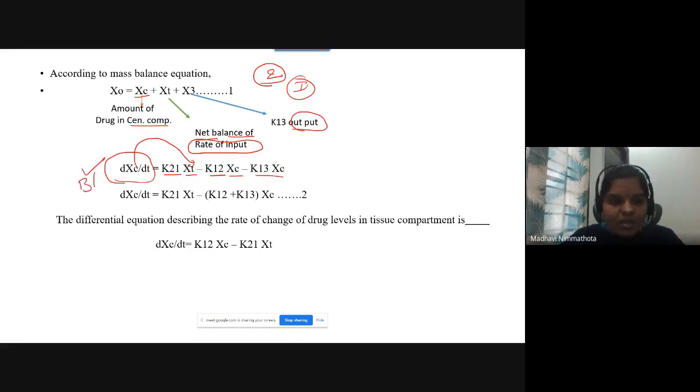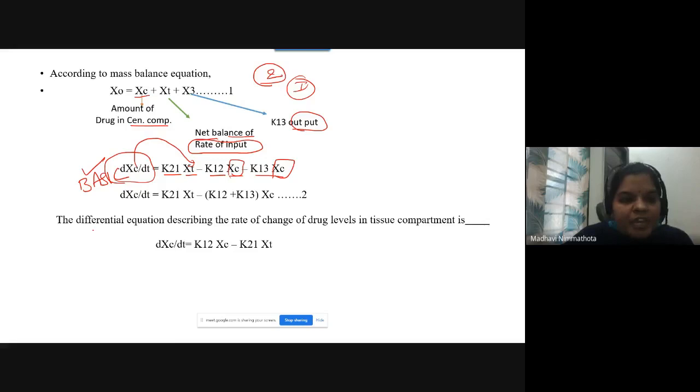Then you can calculate all the derivation part from this basic equation. dXC by dt is as it is. Then K21XT. Here XC is common, so you can extract this XC: K12 plus K13. Minus into minus is plus, so that's why you will get plus here.